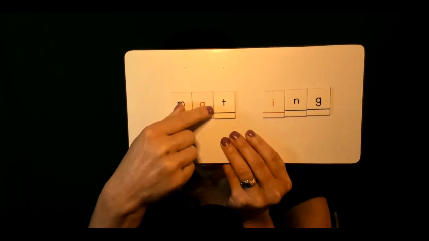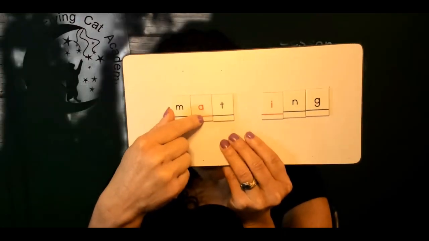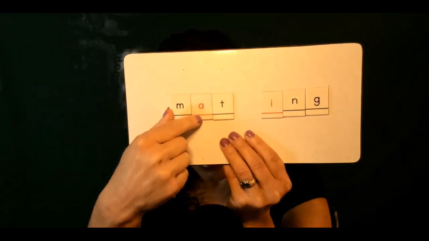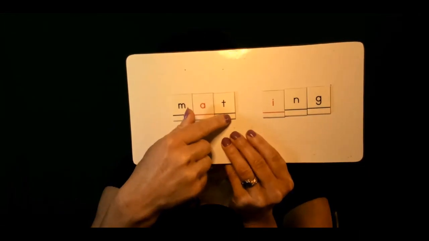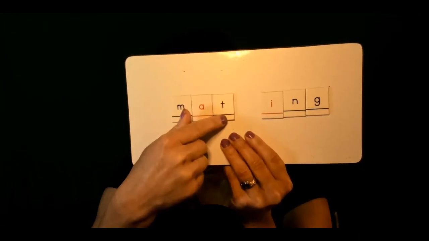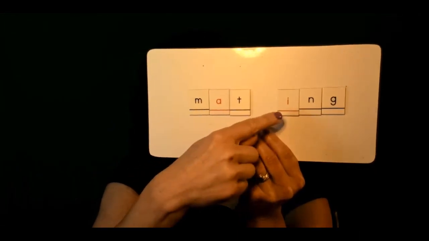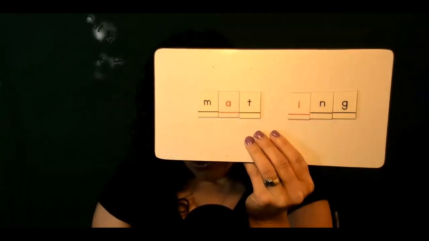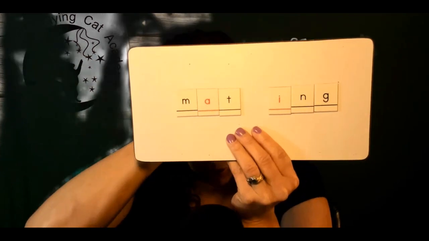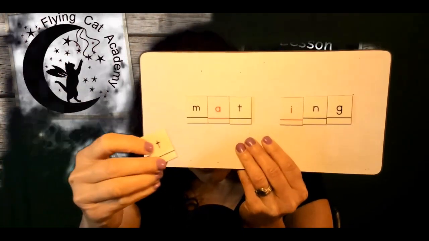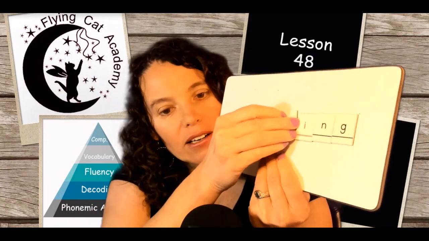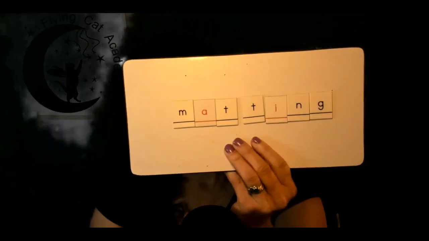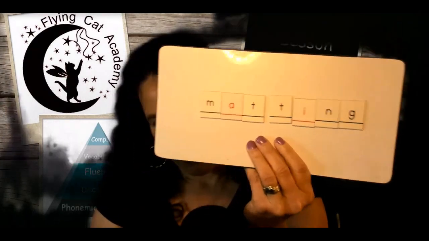Yes, it is. Does it have 1 short vowel? Yes, it does. Does it end with only 1 consonant? That's true. And I ask myself, does this ending, this suffix, start with a vowel? Well, all of that is true. So if I want to spell matting, I'm going to add the double T. And that's how the 1-1-1 rule works.